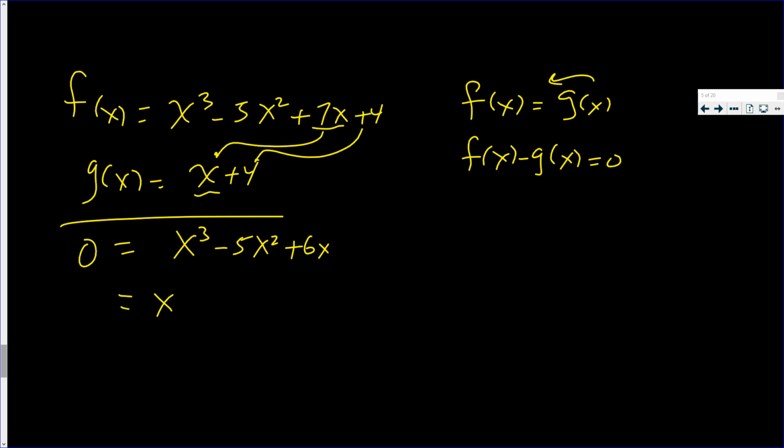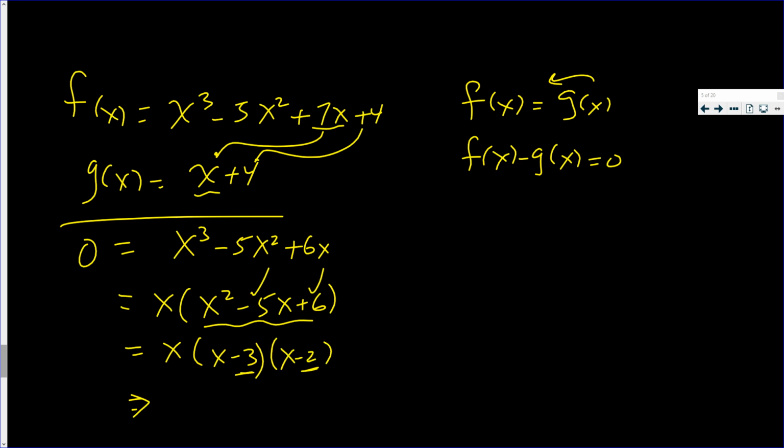And then we factor this, x minus 3, x minus 2. These two numbers, they did add up to -5 and multiply out to 6. So this implies that either x is 0 or x minus 3 is 0, which happens when x is 3, or x minus 2 is 0, which happens when x is 2.